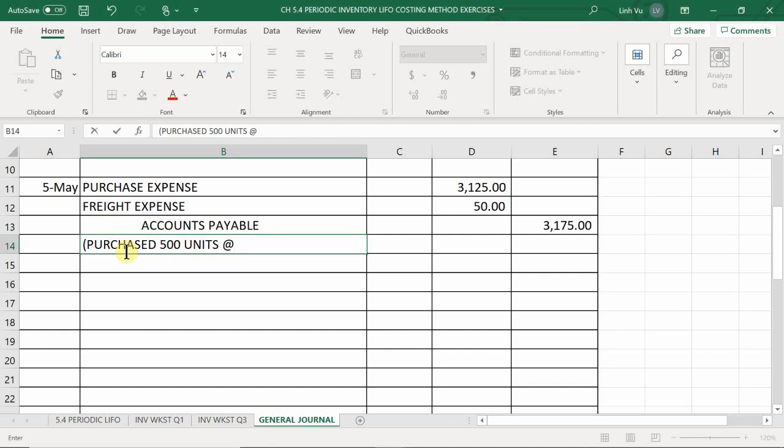But we purchased it for $6.25 each item. You don't need to say freight because it's already right there that freight was $50. So that's already self-explanatory. But the most important thing is that you should put this in here just in case you do have returns and allowances. If you end up returning a product, you know exactly how much each item cost.